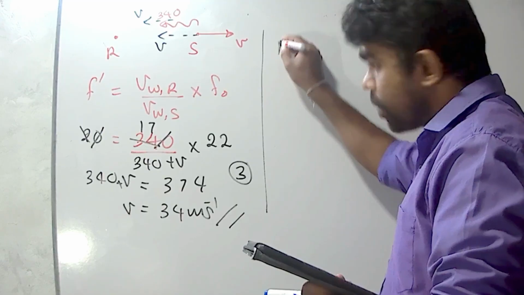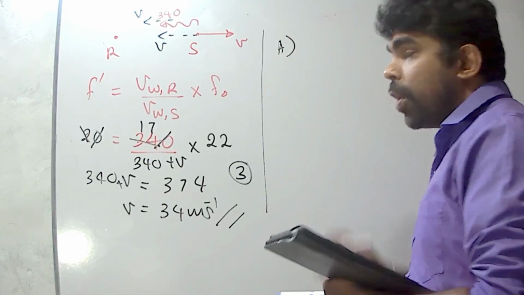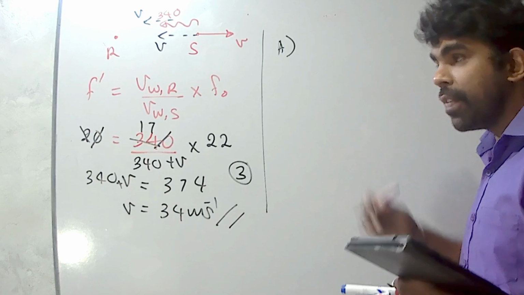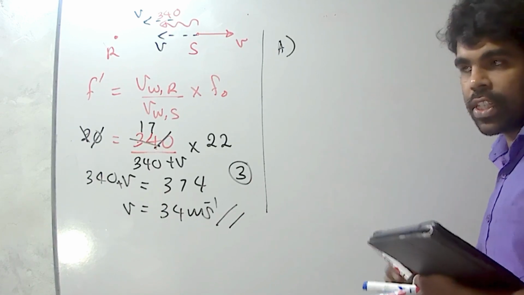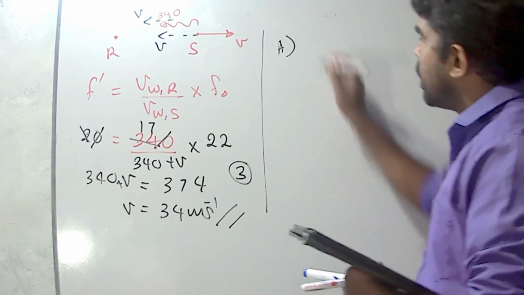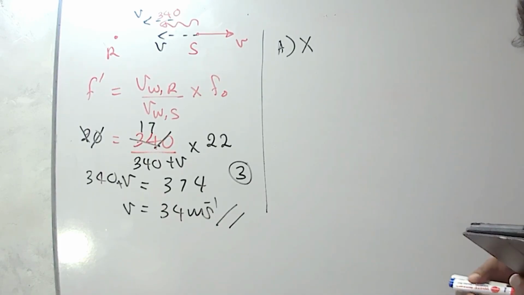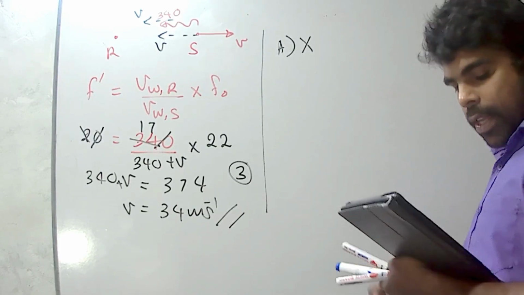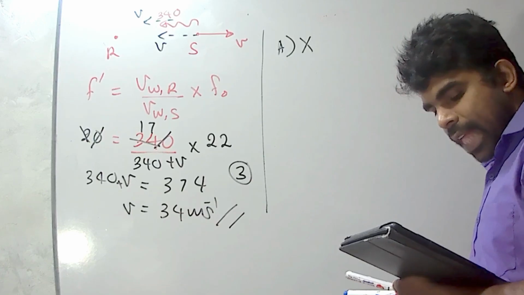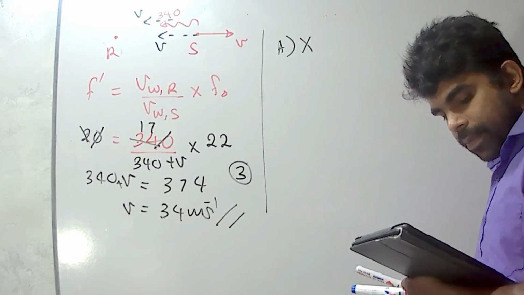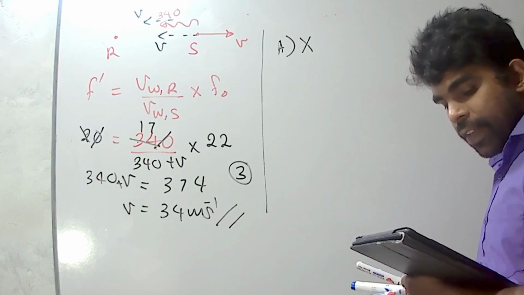So, the gap between source and receiver is increasing. Therefore, we can't hear a higher frequency. B. During the deceleration, it is lower than the whistling frequency and increasing with time.